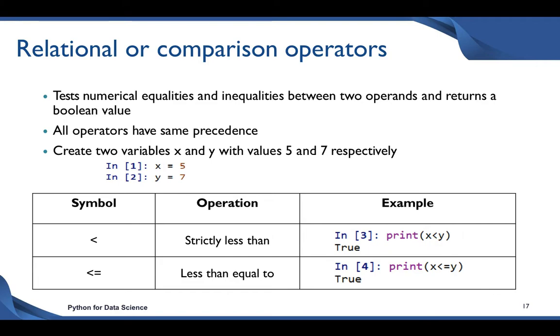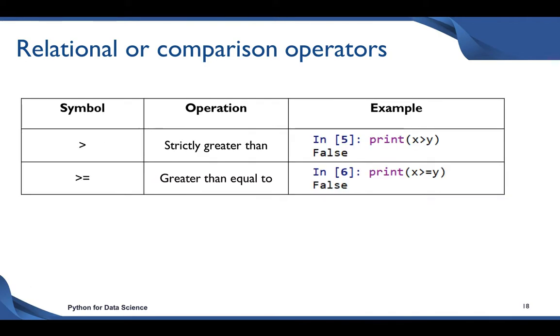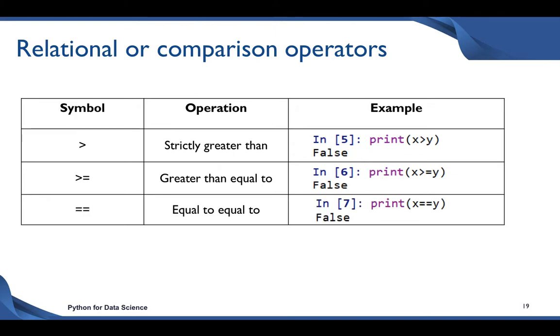Similarly, we could also check whether the value is less than or equal to, using the less than or equal to operation, and the resultant would be true or false. Similarly, greater than and greater than or equal to, right.